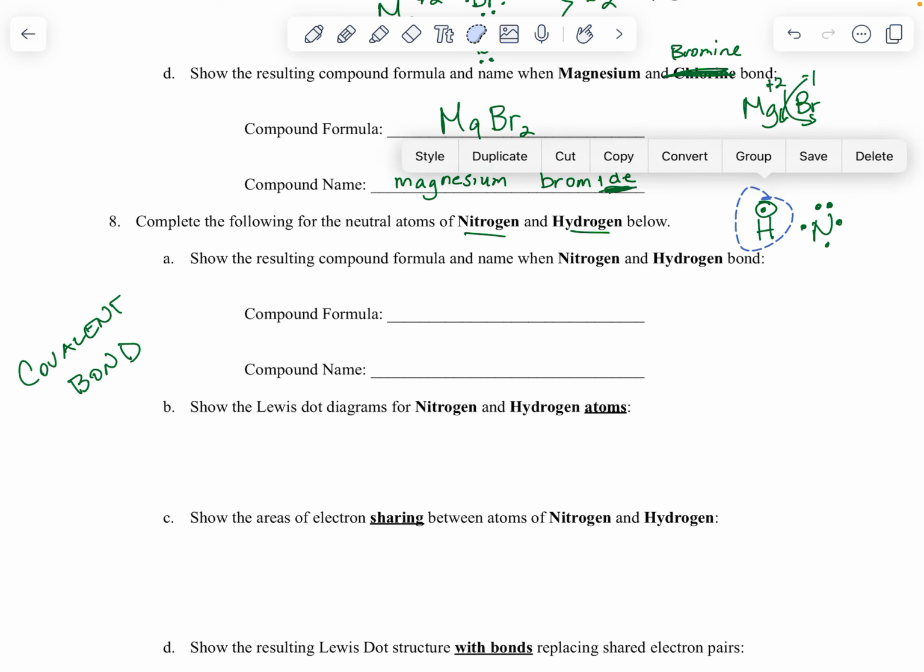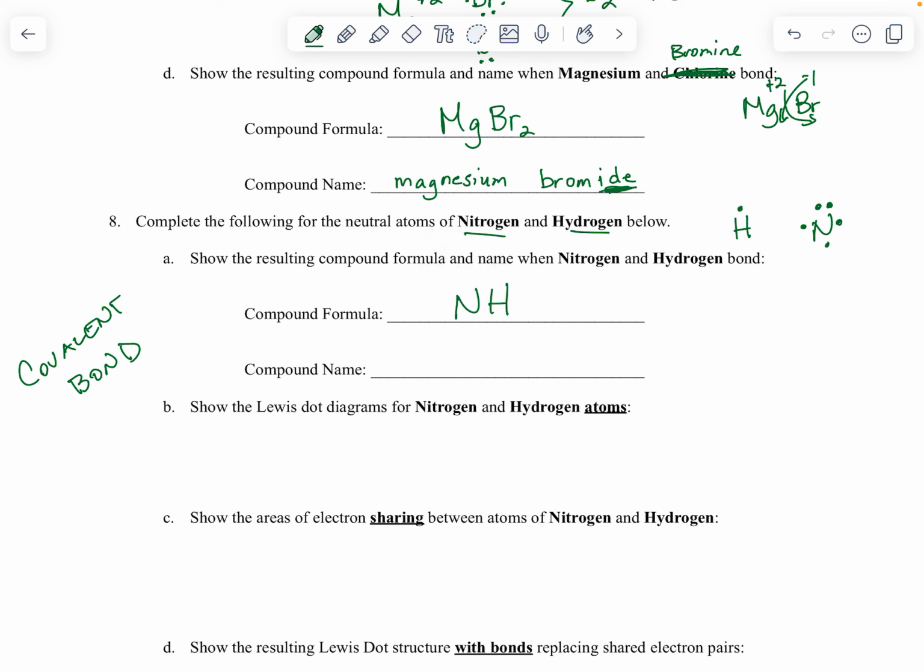So that would be a total of 3. So that's how we know that when nitrogen and hydrogen bond, more often than not, if we're talking about not a polyatomic ion here, just covalent bonding, we would have NH3, right?